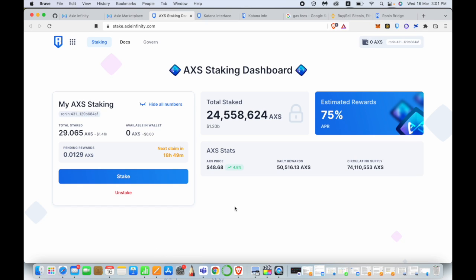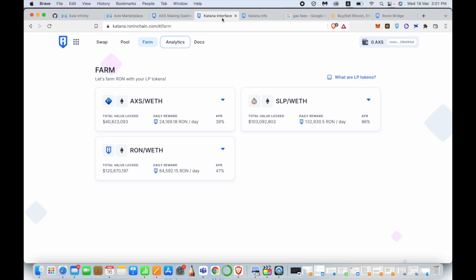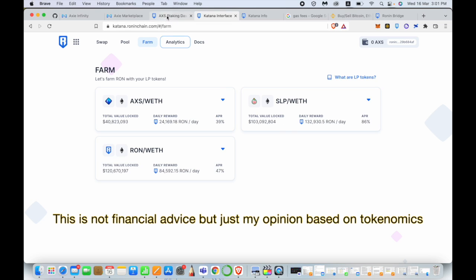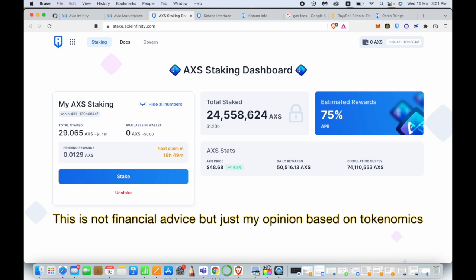So unlike SLP, which as you can see in the Katana interface you can earn 86%, SLP are constantly being minted when people play the Axie Infinity game, but AXS tokens are only minted or released to users through the staking website.